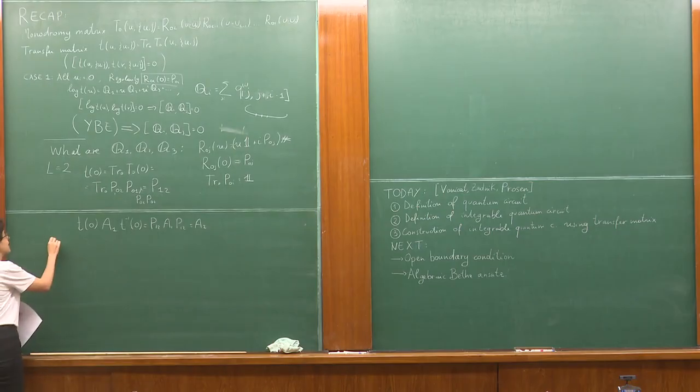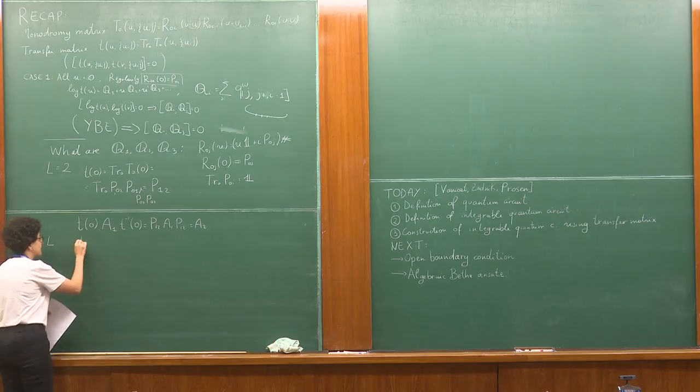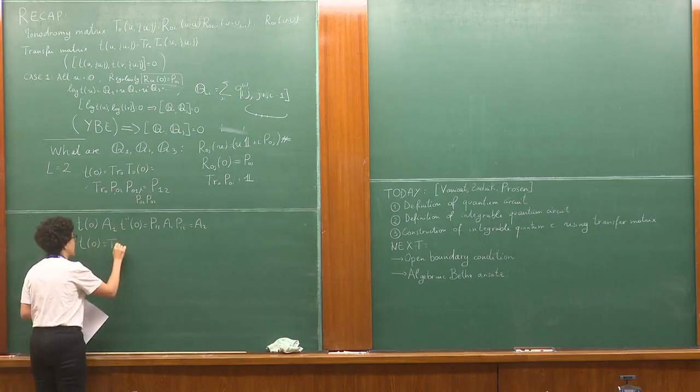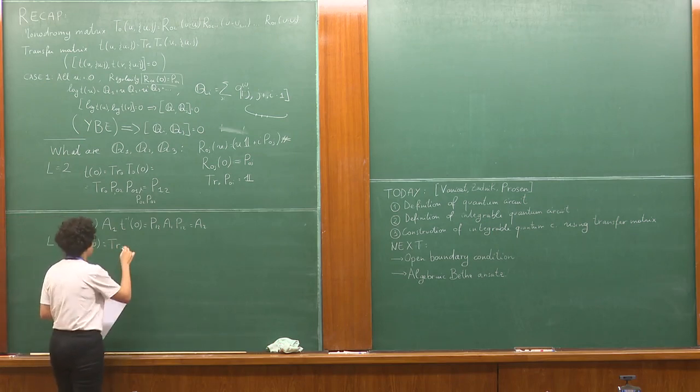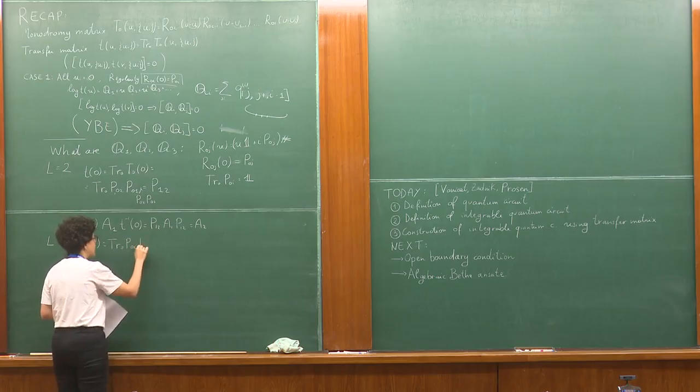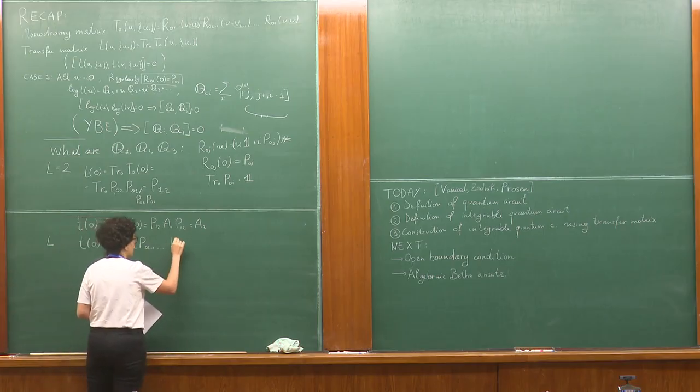So let's consider the case for general L. Then T at 0 will be equal to the trace over 0 of P0L, P0L-1, and so on, up to P01.